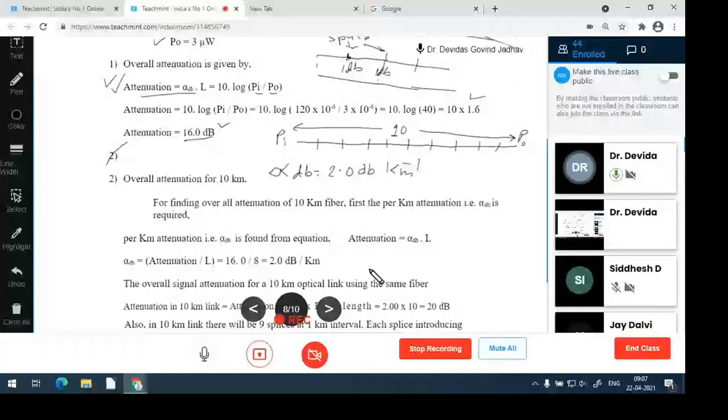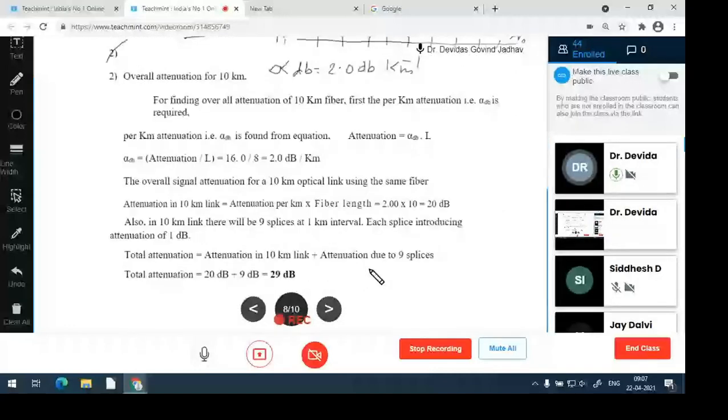So let us sort it out. For finding the overall attenuation of 10 kilometer fiber, first the per kilometer attenuation, that is alpha dB, is required. Okay. Alpha dB is how much? Per kilometer dB is found from the equation attenuation equals alpha dB into L. So alpha dB is attenuation upon L. We know total attenuation 16 dB and length 8 kilometer from the previous point.